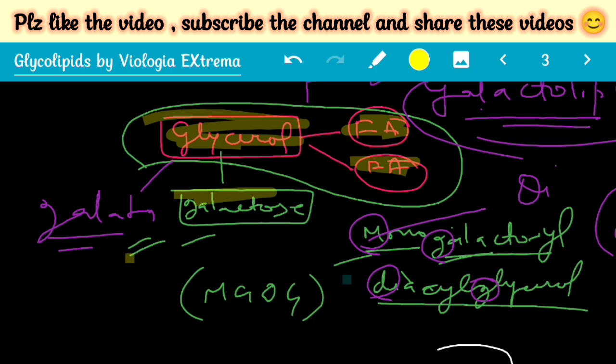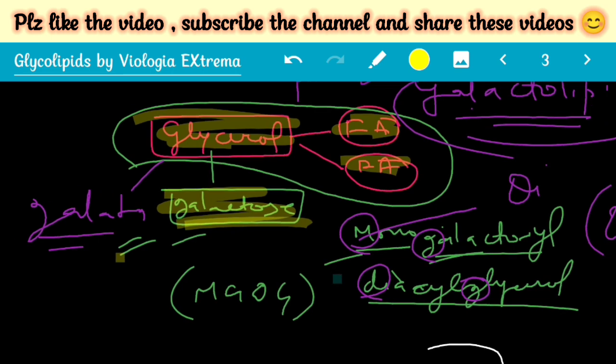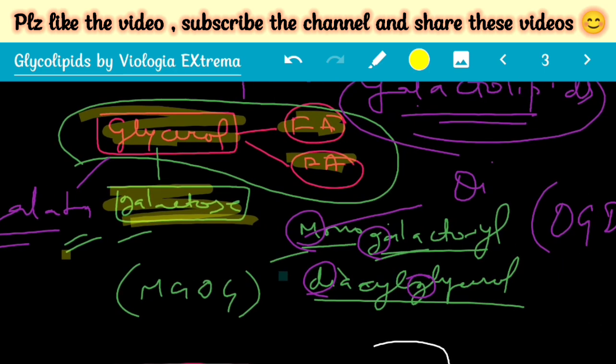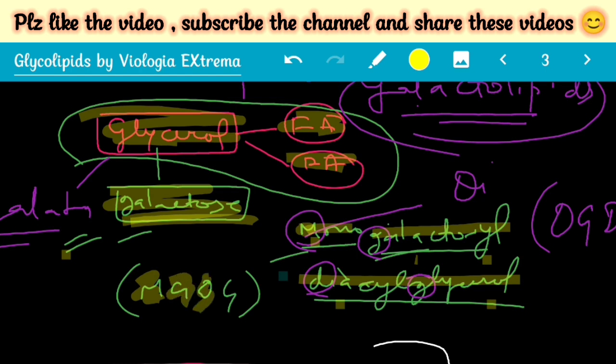If I add a galactose carbohydrate, a monosaccharide, just one galactose residue, then it becomes monogalactosyl diacylglycerol, which we can refer to as MGDG.